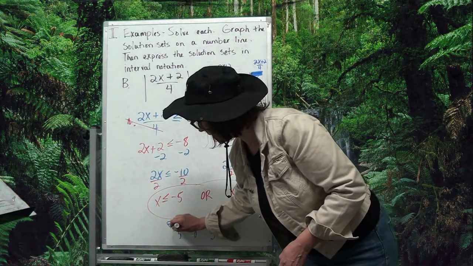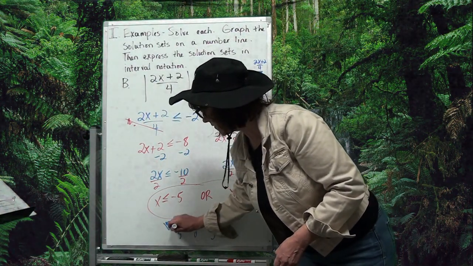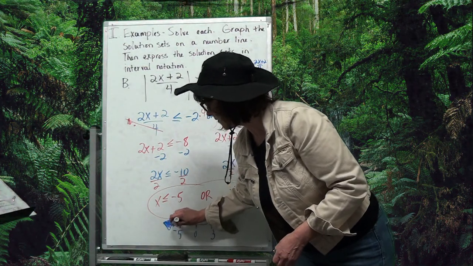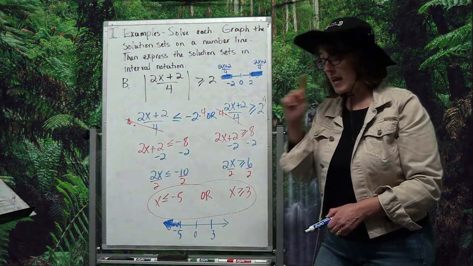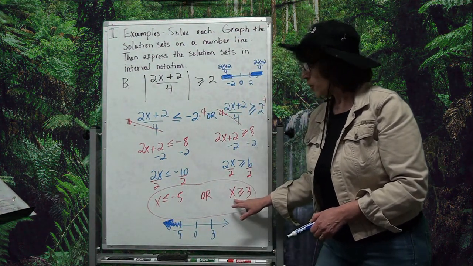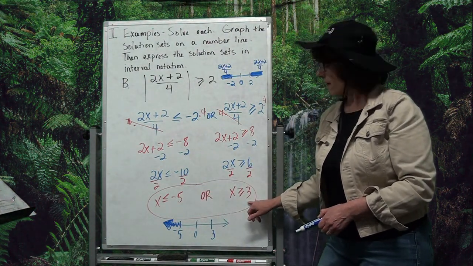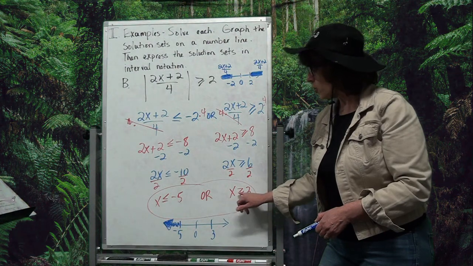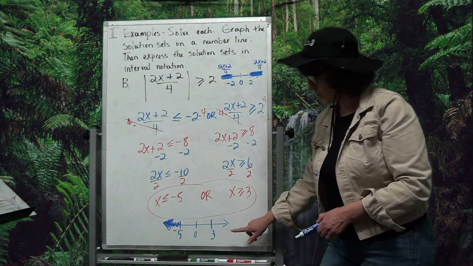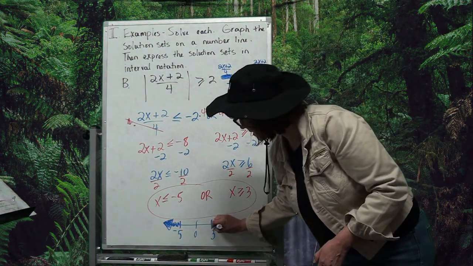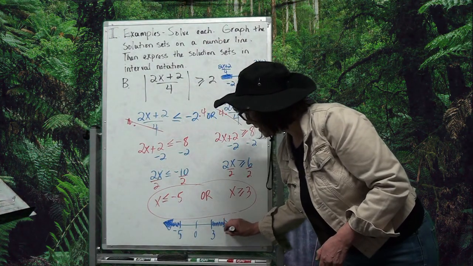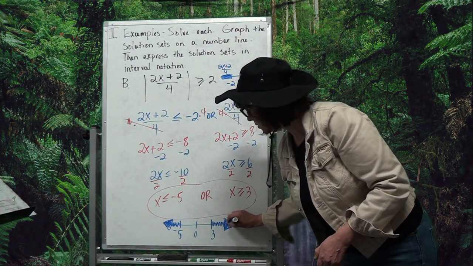Absolutely, it's back here, and I'm going to shade what works. Now I'm going to shade this arrow because that's going to go on forever. At the same time, it says, wait a minute, greater, they could be these, or they could be these. So these answers are bigger than 3. Now on this number line, where's bigger than 3? That's up here. So I'm going to shade that arrow as well because it's going on forever.